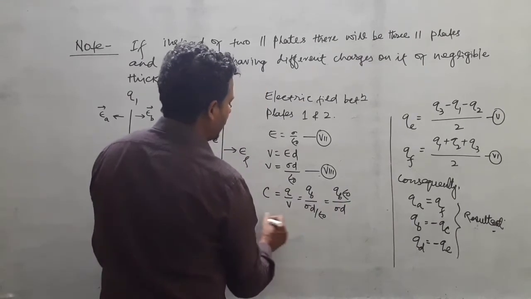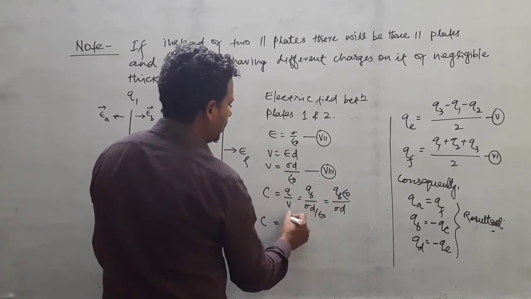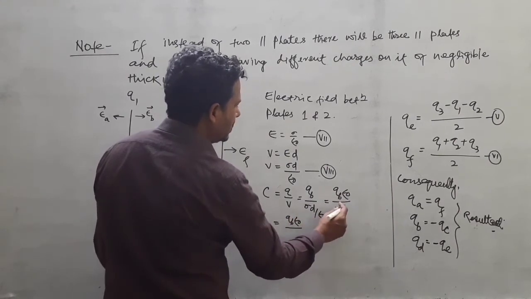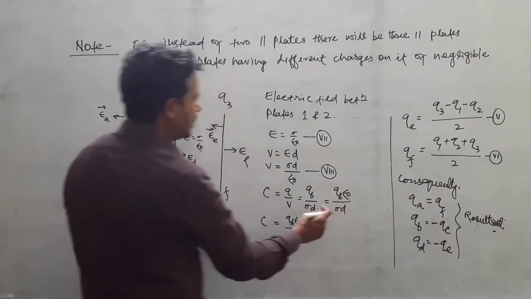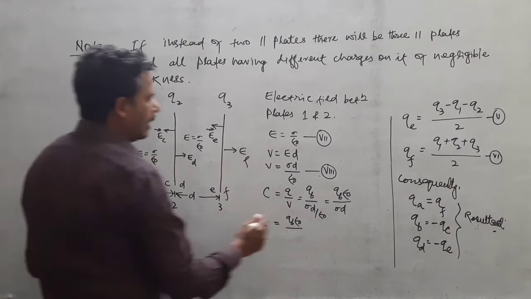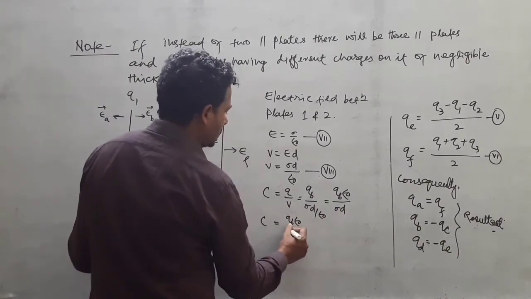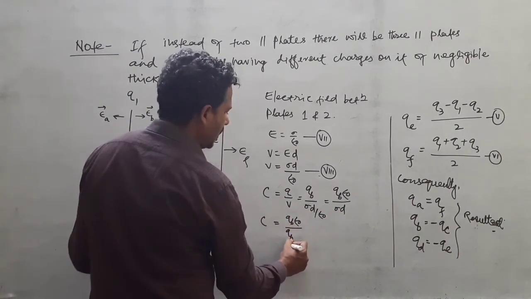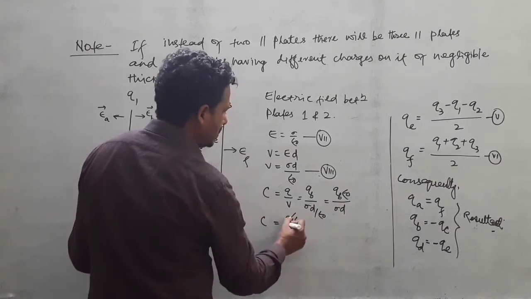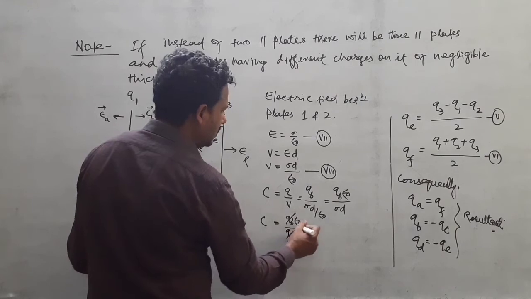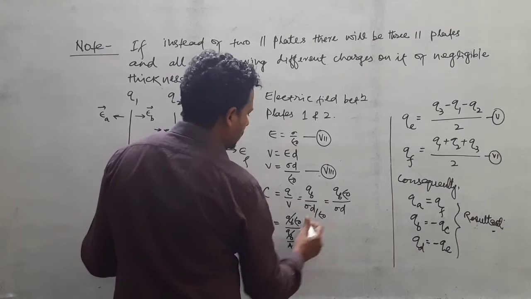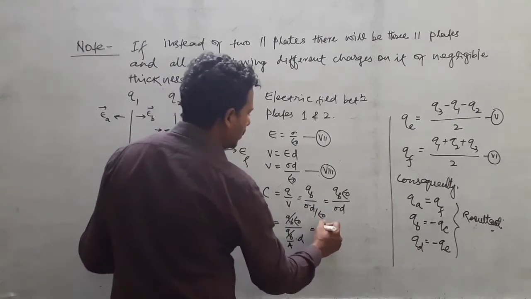So finally you get QB epsilon naught, and the surface charge density sigma is QB by A. So this one is QB by A, and then D. What happens here? QB will be cancelled. So finally your capacitance, with the denominator of the denominator coming in the numerator, is epsilon naught A by D.